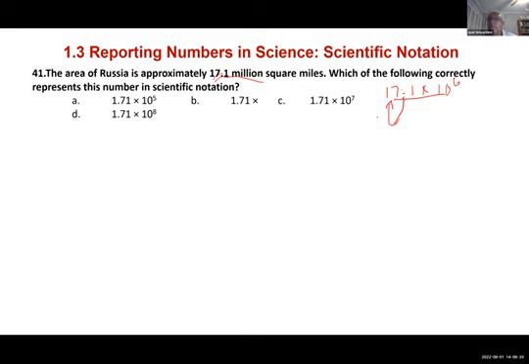left. So if you move one place to the left, it becomes... positive 1, I'm sorry, it's positive 1.